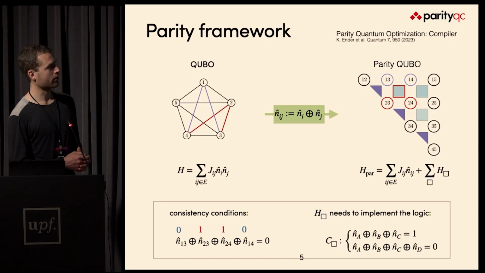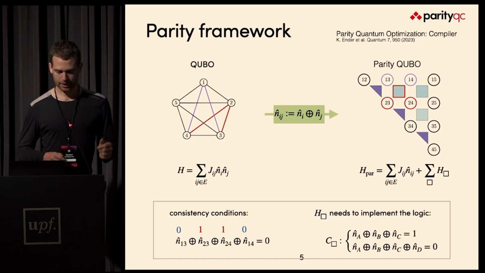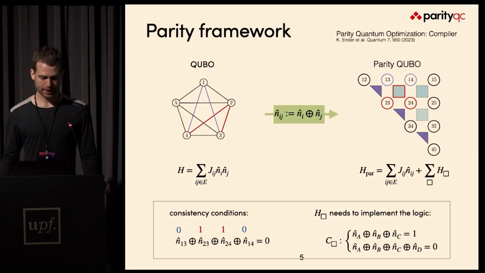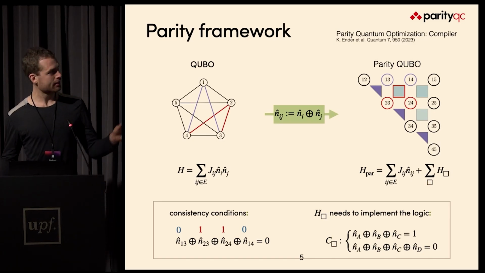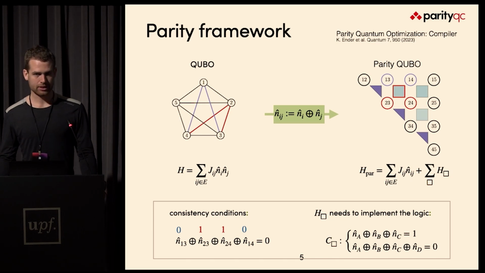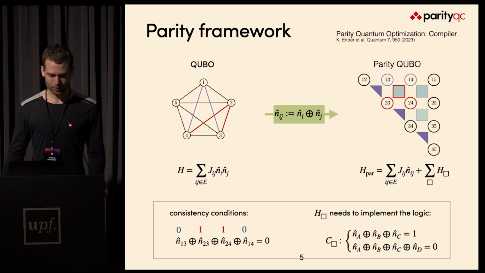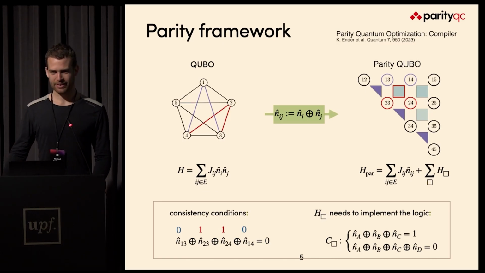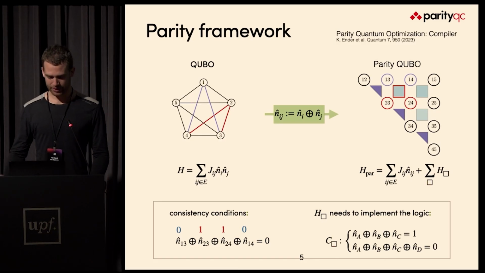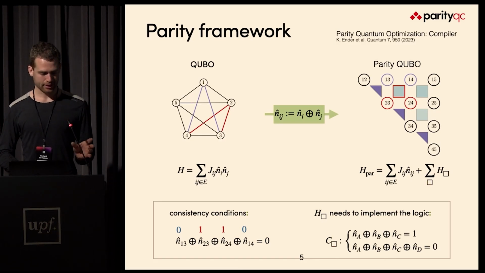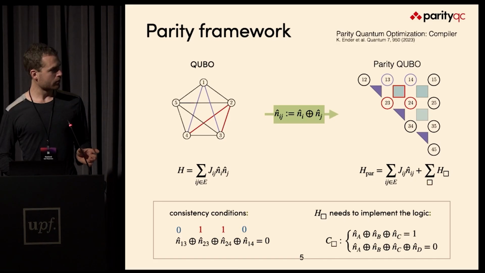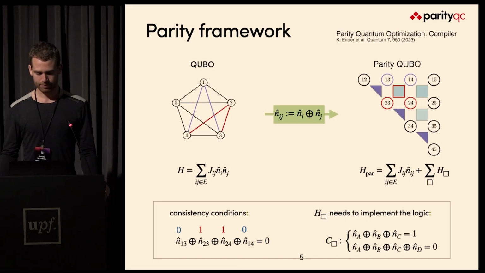For example, here qubit 4 and qubit 2 are oriented in different ways. Then you get these consistency equations: if you add all of the edges in such a cycle, you need to get 0 out of it with this operation, which is often called XOR or direct sum. It has different names depending on how you want to think about it, but it's exactly this condition that an even number of ones have to be in the cycle.